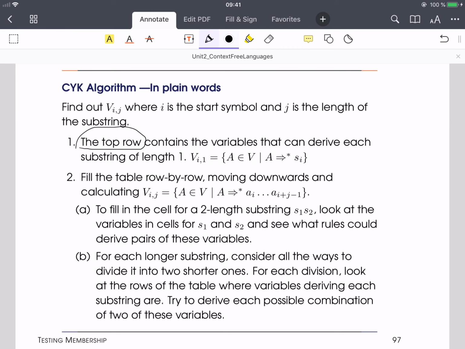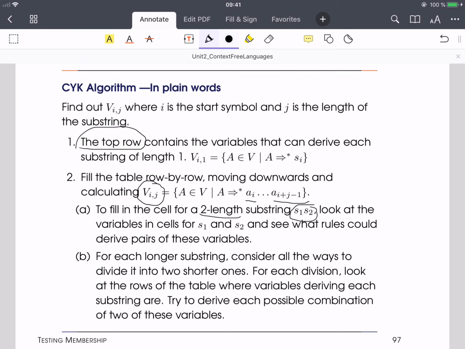What about the other rows? In the other rows, we need to look for variables that generate the string that starts with the symbol in position i and has length exactly j. If j is 2, if it is one of the cells in the second row, then we are looking for substrings of this form, a symbol and another symbol.